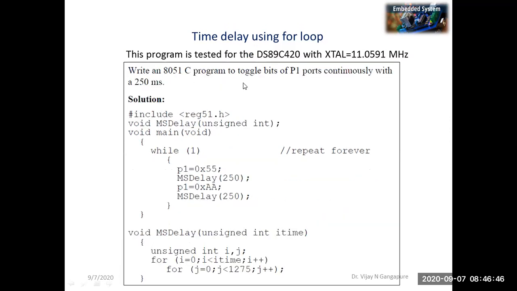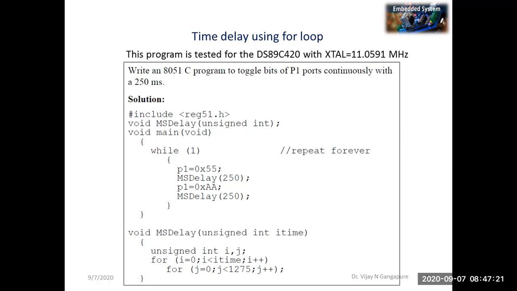One more program generates time delay using a for loop, and this program is tested for the microcontroller DS89C420 with a crystal frequency of 11.0592 megahertz. The program statement is: write an 8051 C program to toggle all the bits of port 1 continuously with 250 millisecond delay in between.